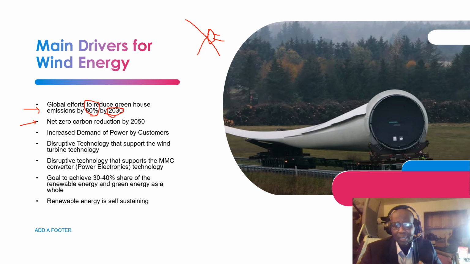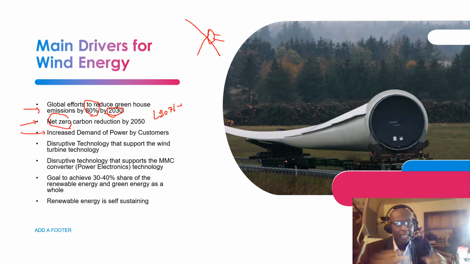Global leaders all over the world are pushing for the reduction of carbon dioxide by the year 2050, so the goal is to have net zero. By the year 2030, the goal is about 70 to 80% reduction, and by the year 2050, total net zero carbon. So by 2050, anything that emits carbon dioxide into the atmosphere shouldn't be a source of energy for power production. That is what net zero carbon reduction means.